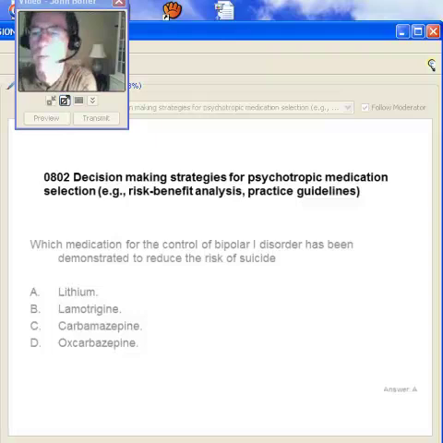Number D. Good. Which recreational drug both releases and inhibits the reuptake of serotonin, sometimes provoking a serotonin syndrome? Yep, D. Okay, good.